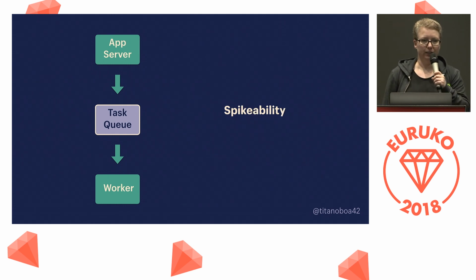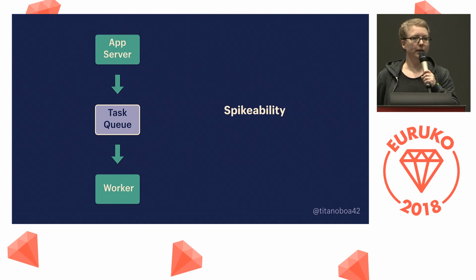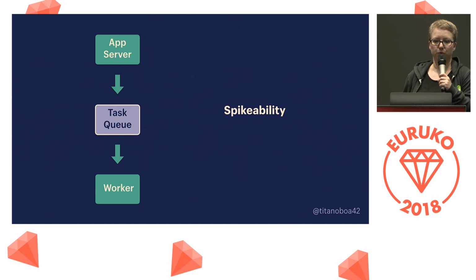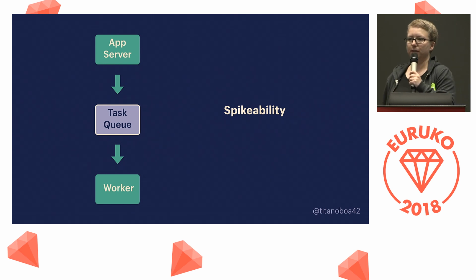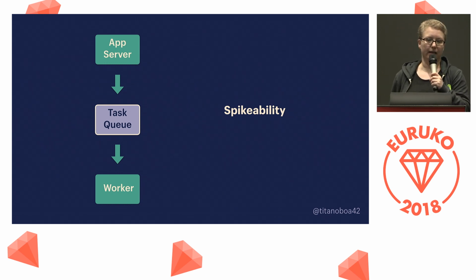If the application experiences a sudden spike, for example, in image uploads, that's not going to hurt performance if the actual image processing is done as a background job. The queue might grow, but the queue is a buffer between application server and worker. And the speed of queuing more jobs is not constrained by the speed of processing them. So the users can still upload more images as fast as usual.